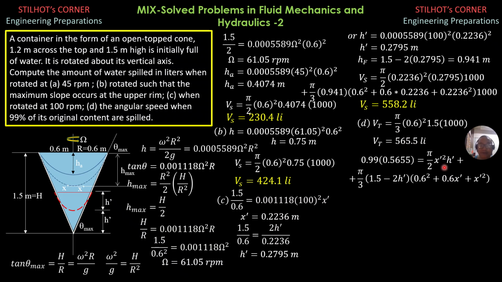So relationship between x prime and h prime from the slope, which cannot change because the angular speed is greater than 61.05 RPM, corresponding to tangent to the slope of the cone, which is maximum. So tangent of theta is equal to 1.5 over 0.6 or 2.5, and it is 2h prime over x prime.